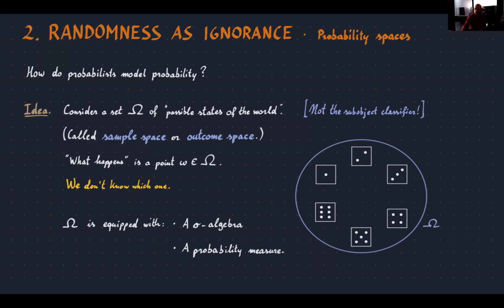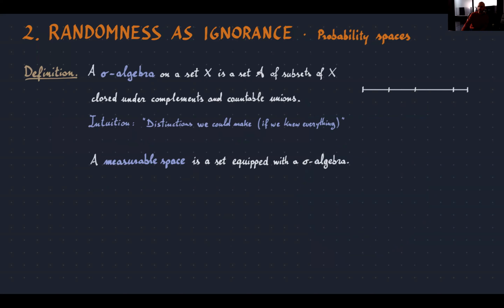What are those for a category theorist? Okay, so a sigma-algebra is a set of subsets closed under, well, countable unions, that's more a technical condition, but mostly under complement. And the reason is not because we want to be something like non-constructive. There is a very information theoretic reason here. It is because a sigma-algebra is a set of the distinctions you can make, subdivisions.